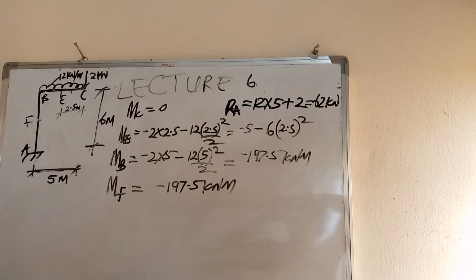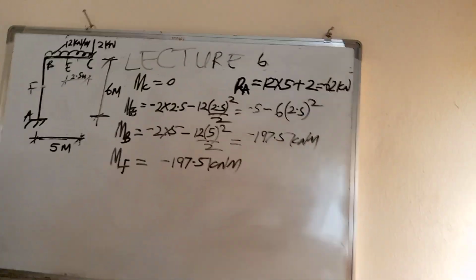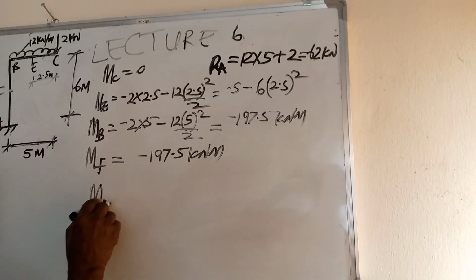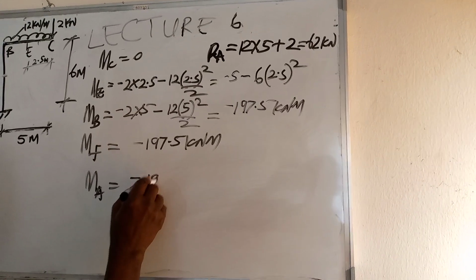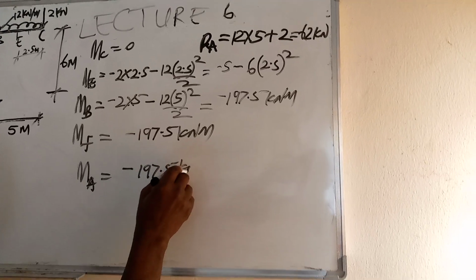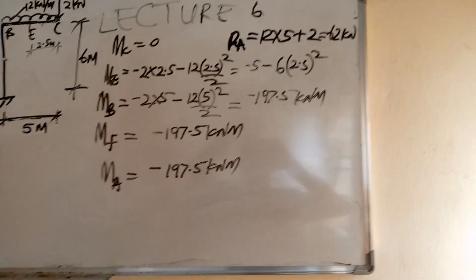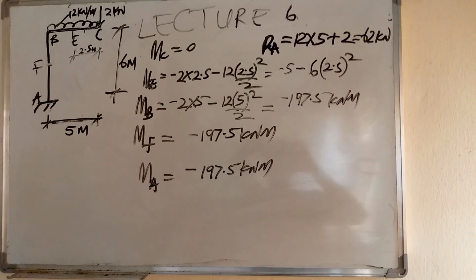It is parallel to the line of action of the loads. So the moment is concentrated. Now, M at A is still equal to minus 197.5 kilonewton meter. So that is the bending moment.